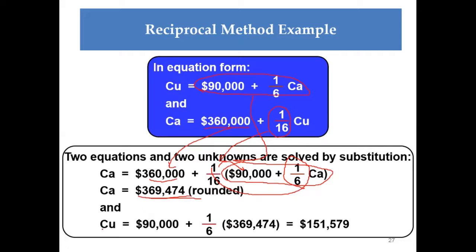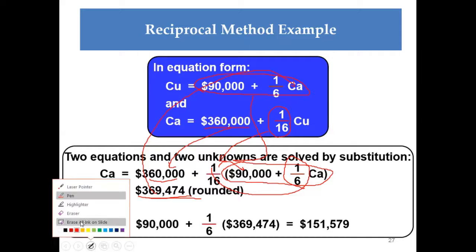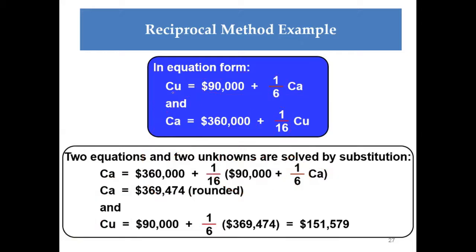Okay, we have to substitute this CA in the other equation, replacing this unknown by this amount. We have CU equals 90,000 plus 1 by 6 multiplied by this figure.